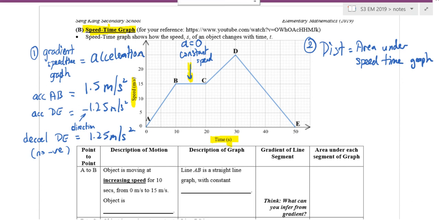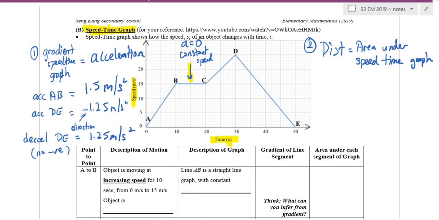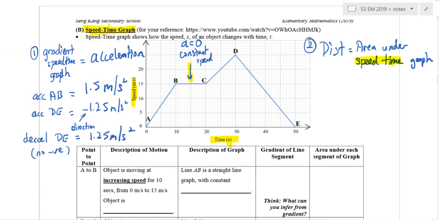The keyword is not area. The keyword here is speed time graph. Why? Many times, students when they see distance time graph, find the distance, wow, go and find area, die. So you must see if it's speed time graph, then it's area. If it's distance time graph, still find area? No, what? You read the graph. Can you follow?